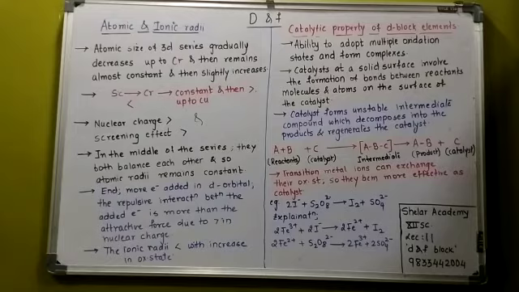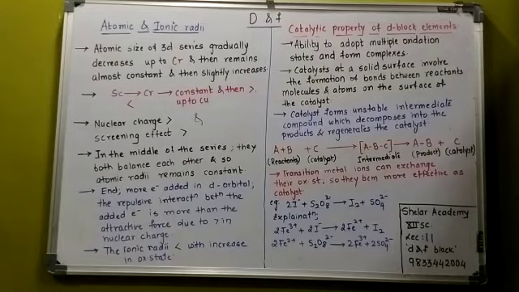Also, these transition elements have variable oxidation states, they can change their oxidation states and they become more effective as a catalyst. Because of this reason we have given an example here. There are many examples where the transition elements are used as a catalyst. MnO2 acts as a catalyst when the decomposition of KClO3 takes place.